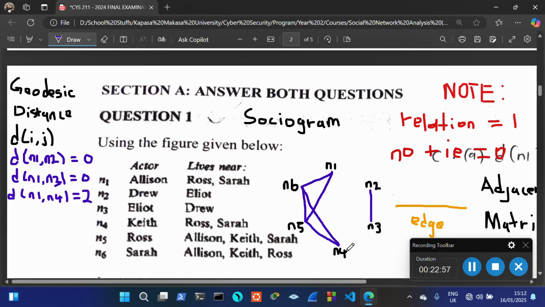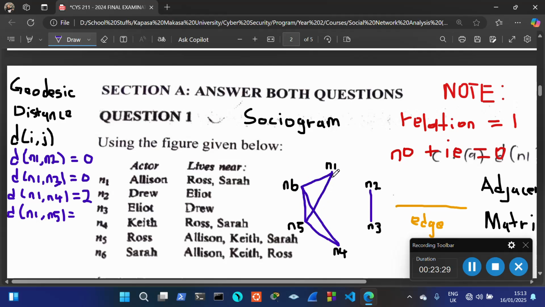That's the meaning. Now again we come to the geodesic distance for N1, since we already approached N4, until we approach N5. What's the answer? For N1 to approach N5, it can go in this direction, which is 1, 2, or directly, which is 1.